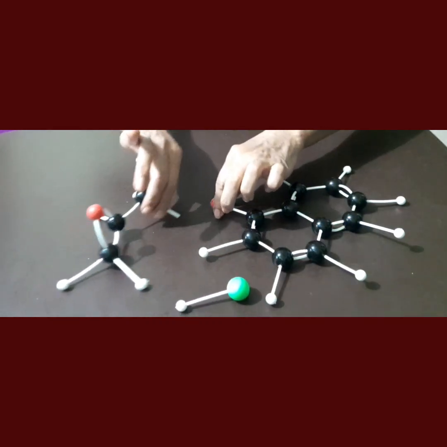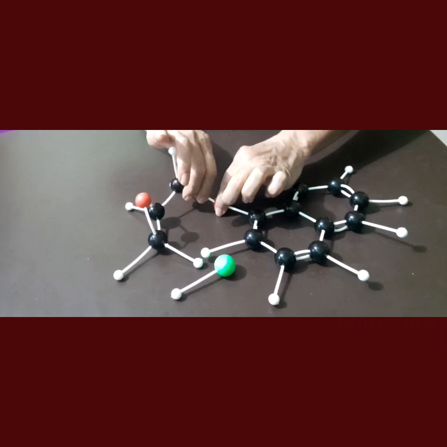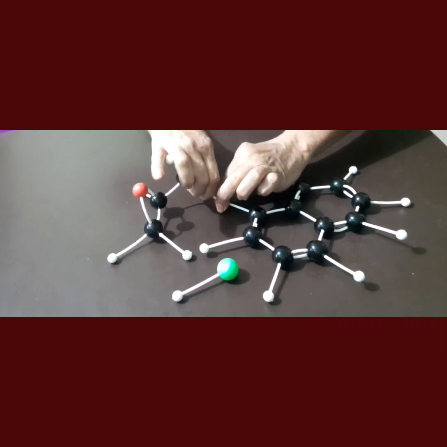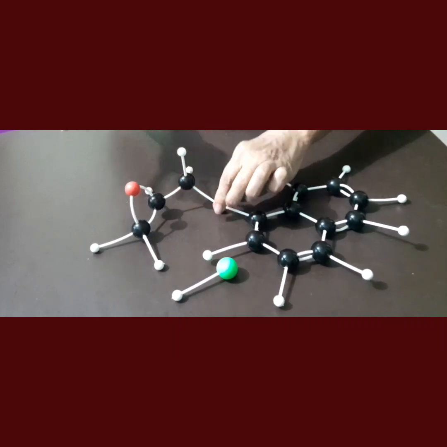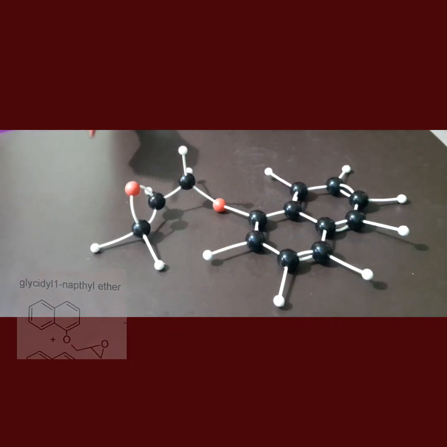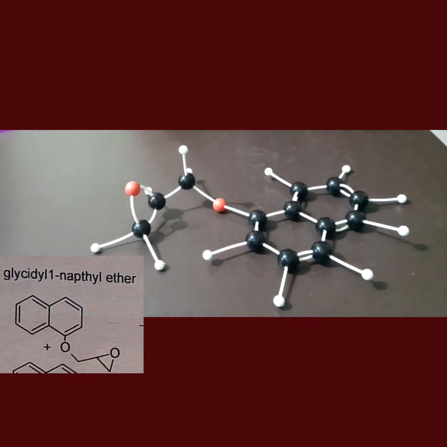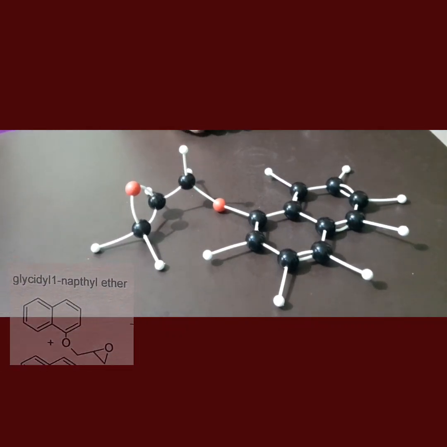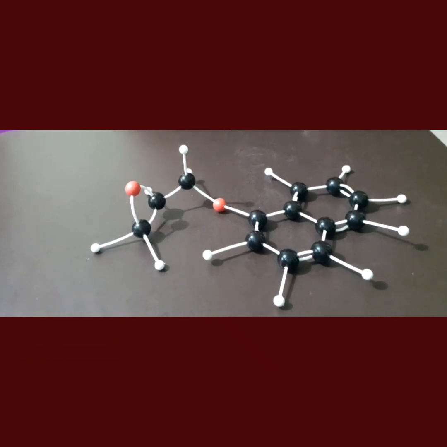Alright, and this combines over here, and would give us glycidyl ether. So we got one of the products. Now how do we get the other product? Now let's try and understand that. This is the glycidyl ether that we got, and as I told you, the other one was alcohol.